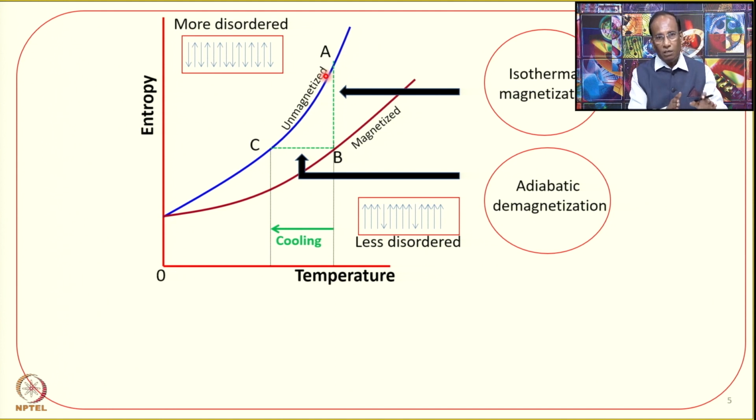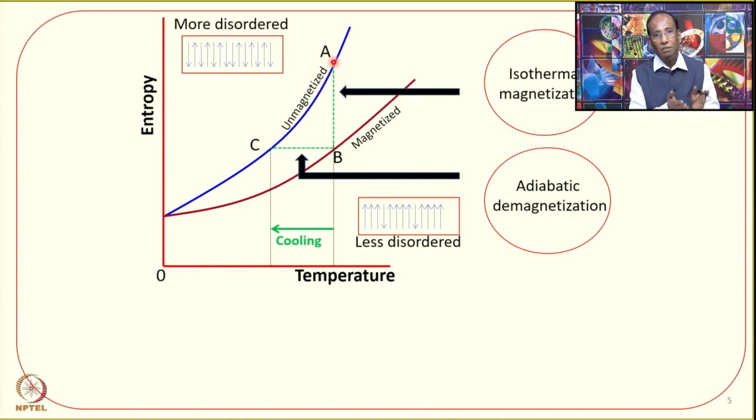Let us first talk in terms of electronic spins. Consider a sample for which the entropy-temperature curve is the blue one, and we start with point A. At point A, carry out an isothermal magnetization process. Isothermal means the temperature should remain constant. How will the temperature remain constant? The helium will provide a link between the source and the sink.